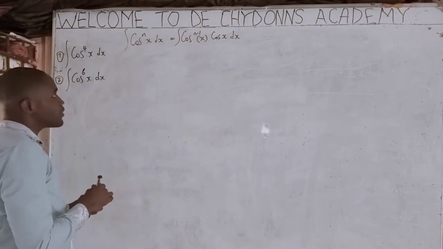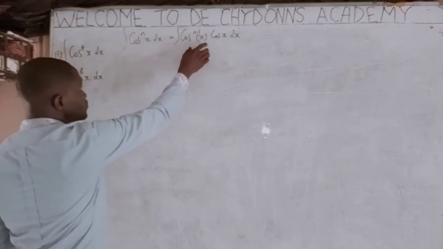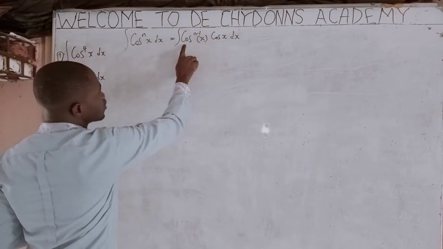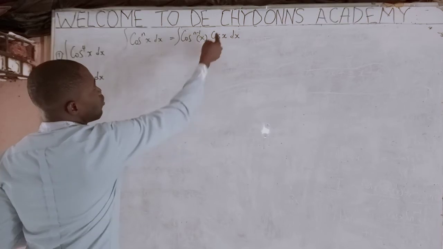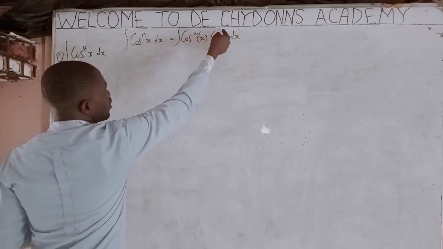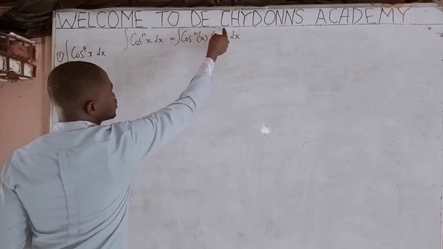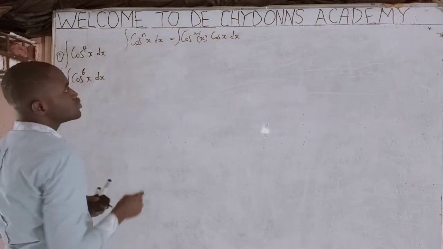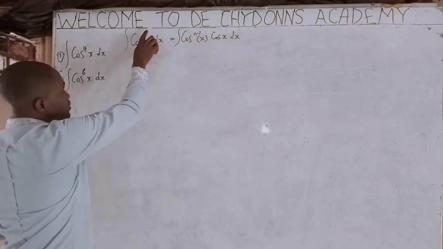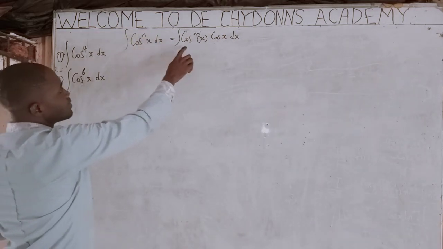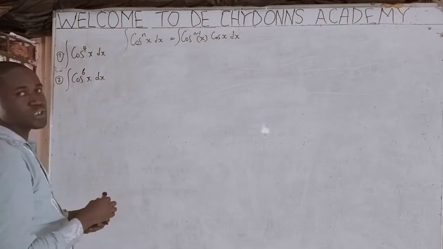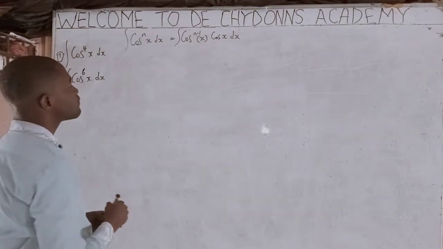This is from the principle of indices. They have the same base, cos x, and n minus 1 plus 1 gives you n. So cos raised to power n x is cos n minus 1 x times cos x, from the principle of indices.